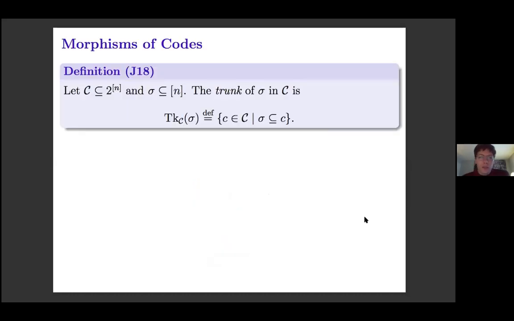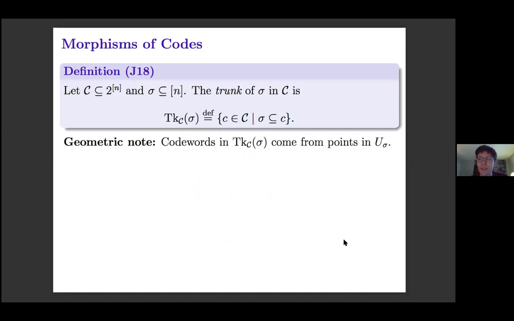I'm going to start off with some definitions that seem weird and not that motivated, but once we get past this slide, we'll see that they have relevance to this question. Notationally, if I have a code and some set of indices sigma, I'm going to talk about the trunk of that set of indices in my code. All I'm going to do is collect together the codewords that contain this set of indices.